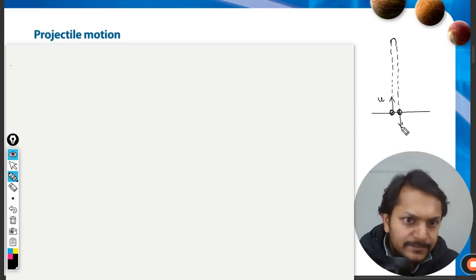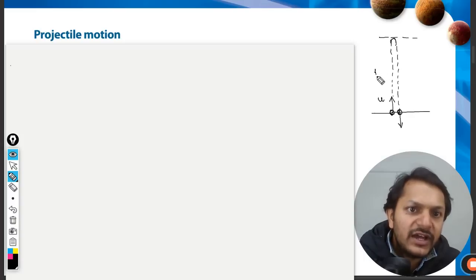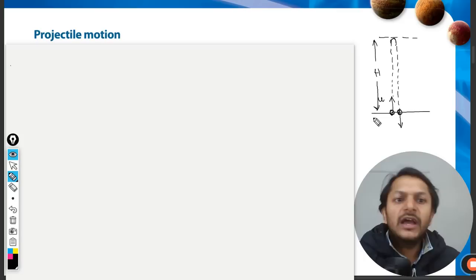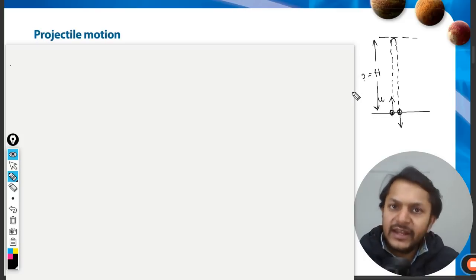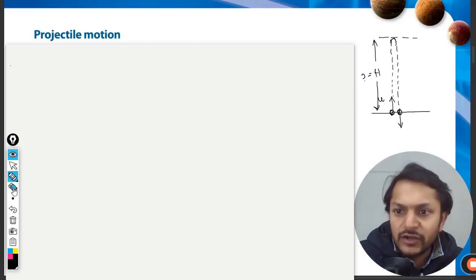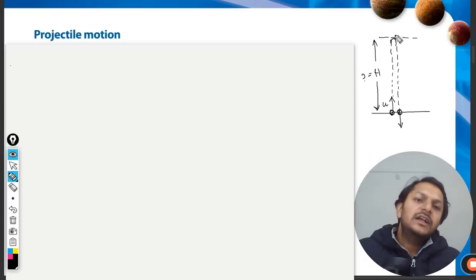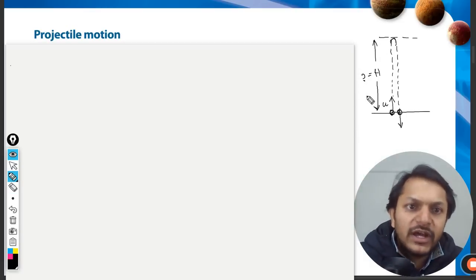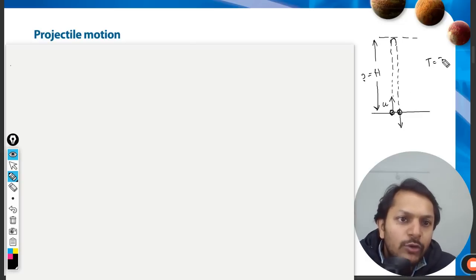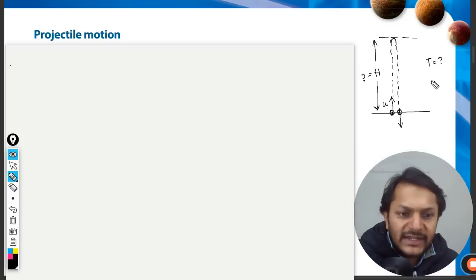Okay, so this is the highest point that was achieved, and let us say the total height achieved is capital H. And now in this case, we would be finding what is the total height to which it is going. U is the initial velocity with which it was moving. And after this, we want to find the total time of flight, everything. Okay, let us start now.